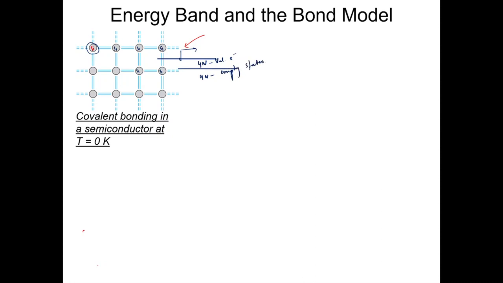So each silicon atom has 8 states and 4n valence electrons, and these 4n electrons will be shared with adjacent silicon atoms, each individual electron forming a covalent bond, and in this fashion the bonds across individual silicon atoms will be formed in a crystal lattice.